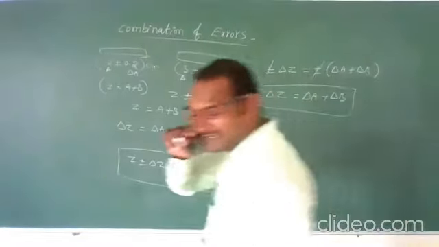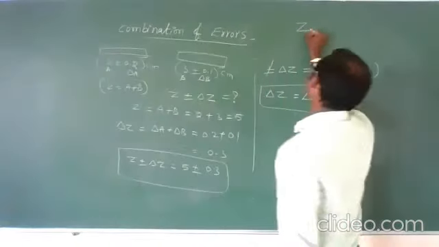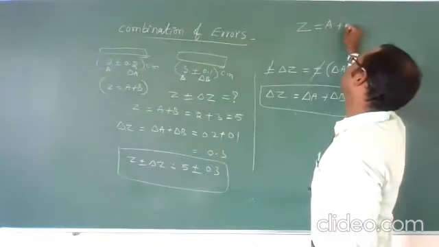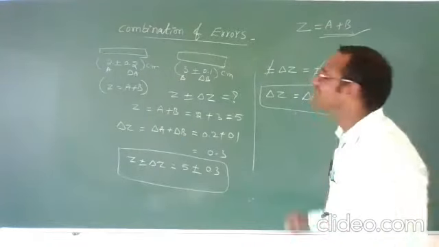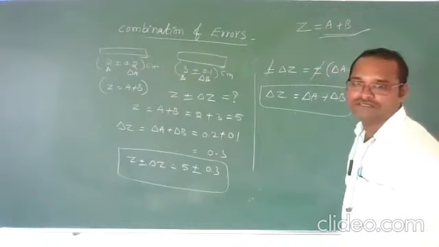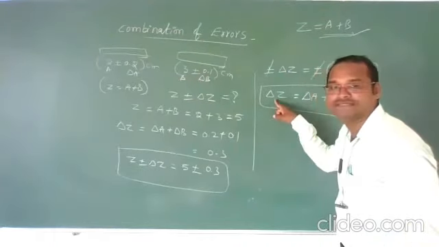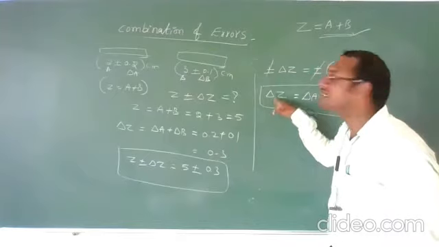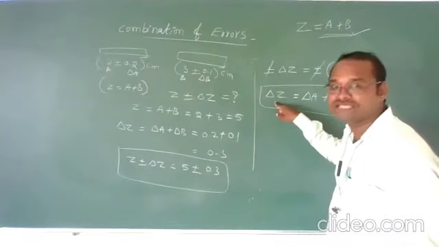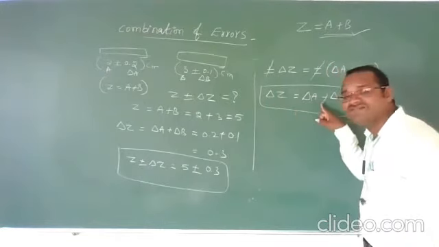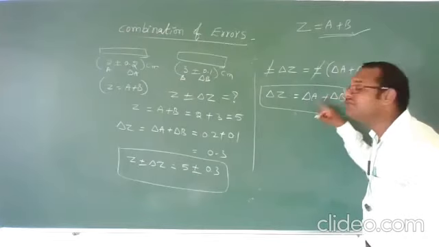Clear? What you should remember is that when Z is equal to A plus B, when two physical quantities are added together, the absolute error in the result is equal to the sum of the absolute errors of the individual quantities.